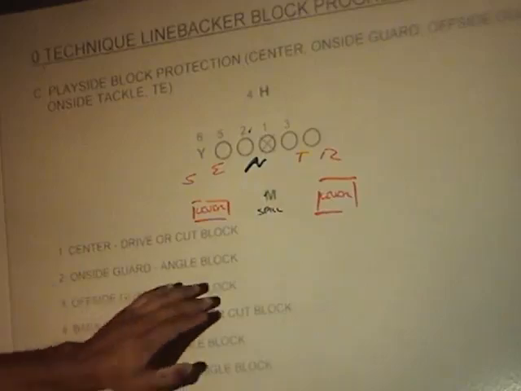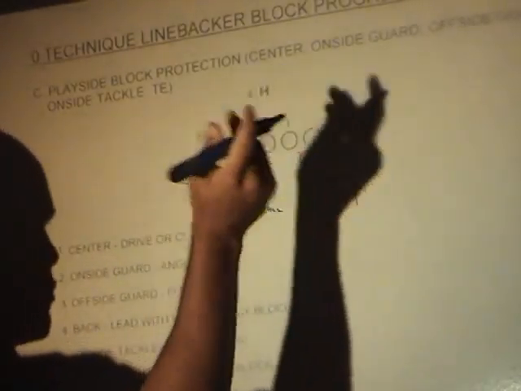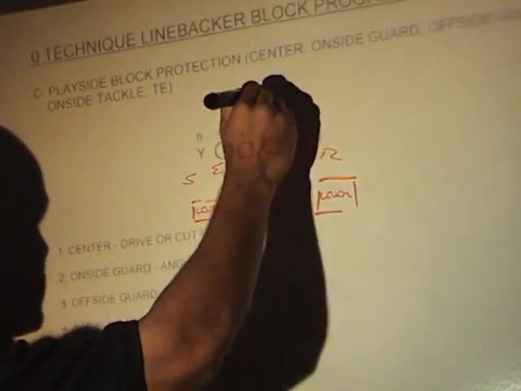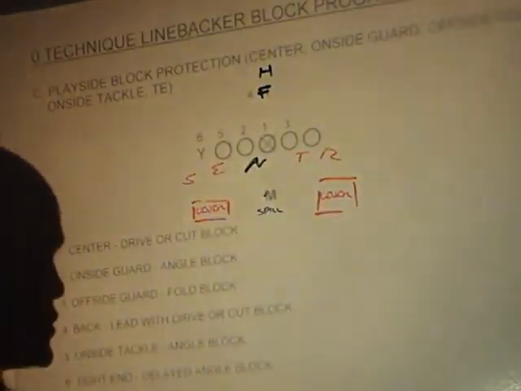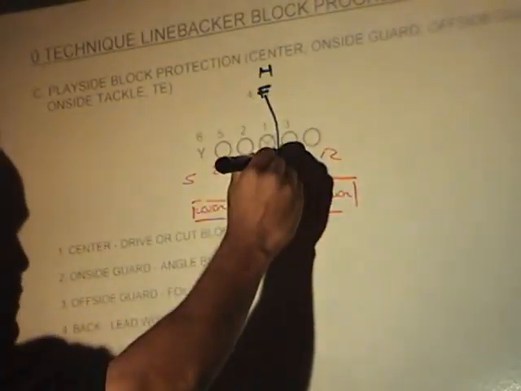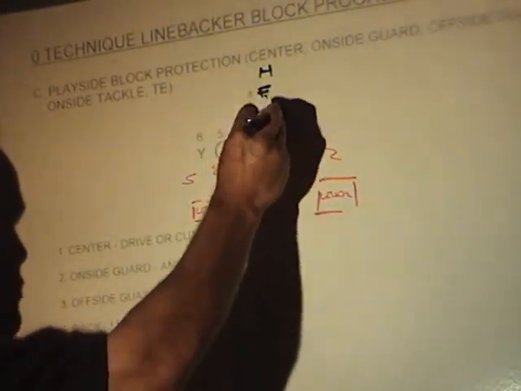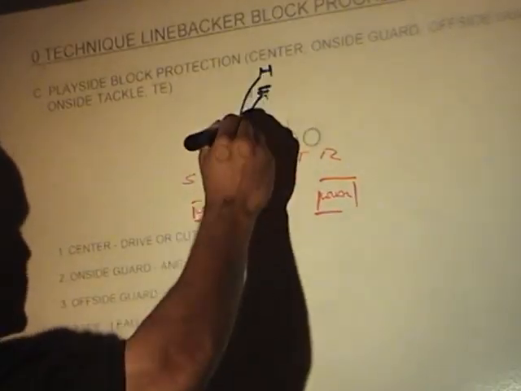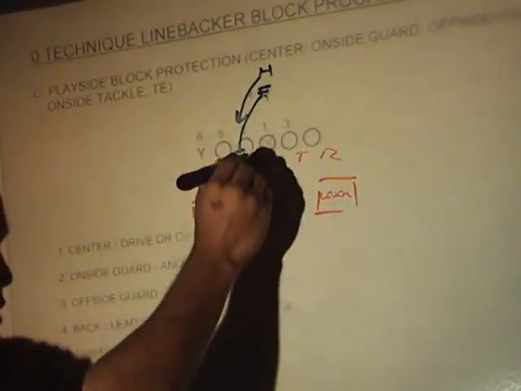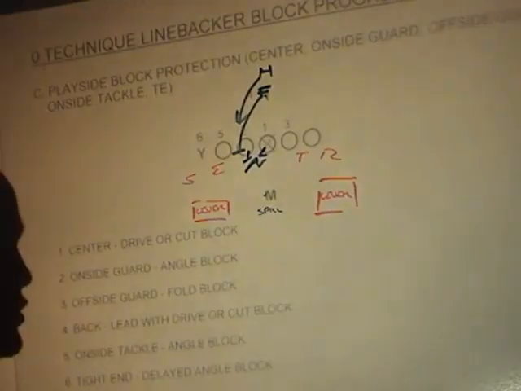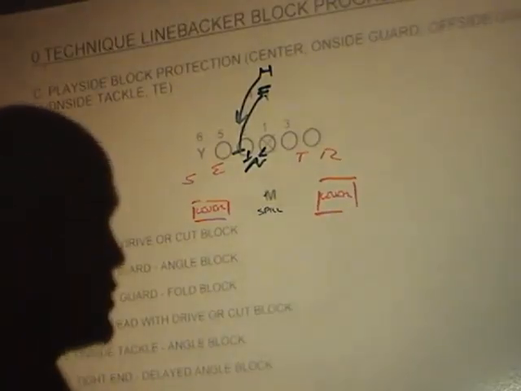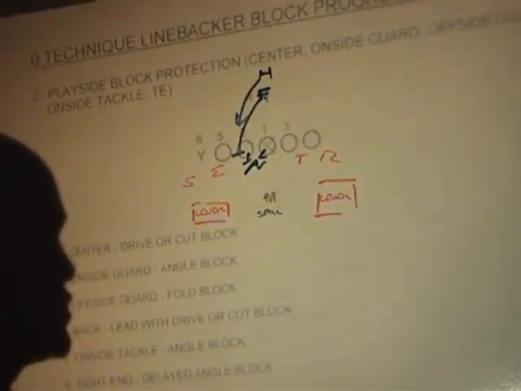Okay? If the back were to lead, and normally this is a two-back type situation. You see that's the fullback and that's the H, right? If the back were to lead in, let's do it the side we're talking about, in a two-back type situation. Again, I'm going to be shot out of a cannon. You'll see your center step to the nose. Your vision will go to the guard.